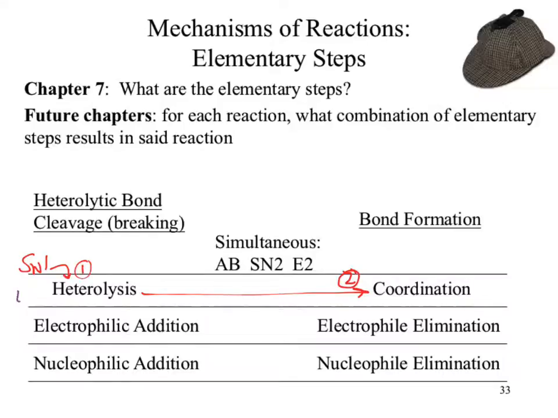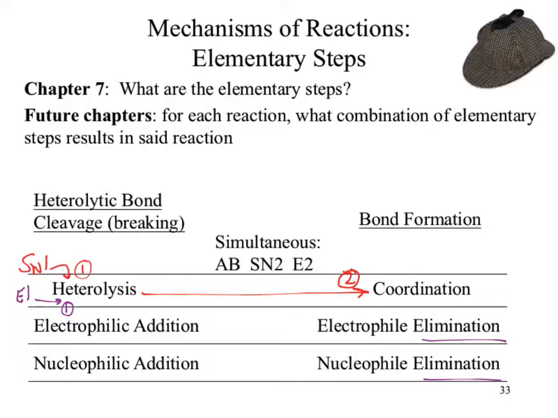What happened with the E1? As a hint. First step, heterolysis. We broke a bond. Then what did we do? We did some kind of elimination. What did we eliminate? That's a trickier question. No, the leaving group was our heterolysis. What did we break off? We broke off hydrogen. What charge was the hydrogen? Positive. Is hydrogen better labeled as an electrophile or a nucleophile?